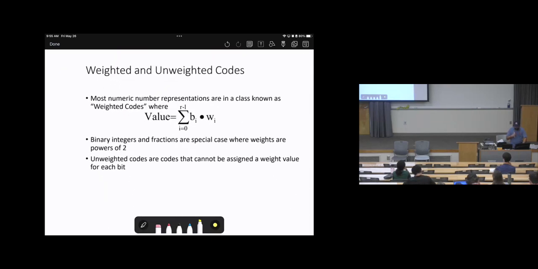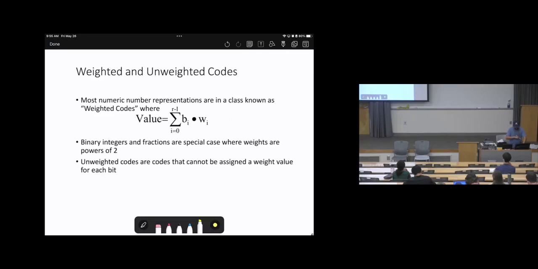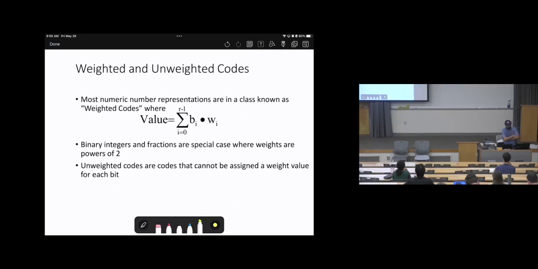Now, there's something called weighted and unweighted codes. I mentioned how to represent numbers, converting from decimal to binary, or representing binary numbers. We can use any system that we have, for example a 4-bit register, 6-bit register, 7-bit register, and so on.